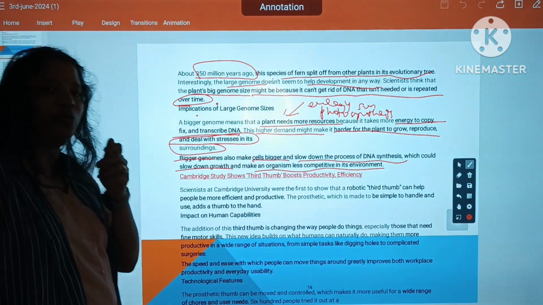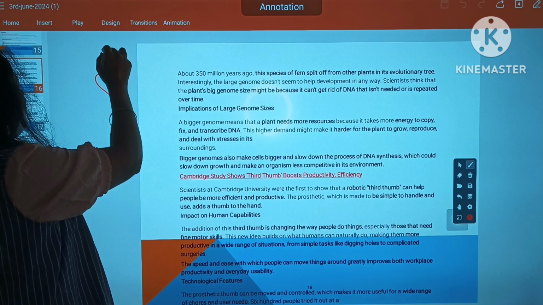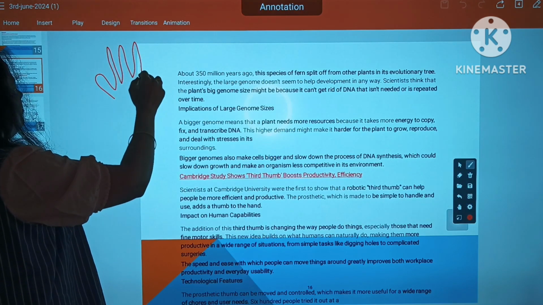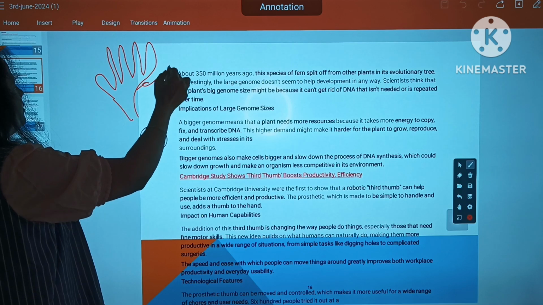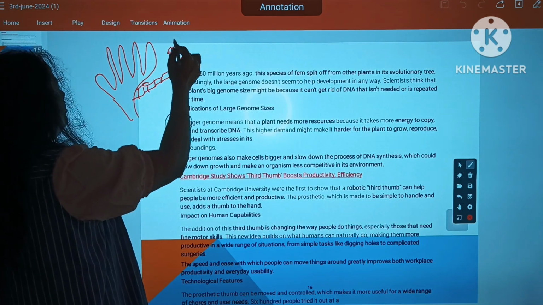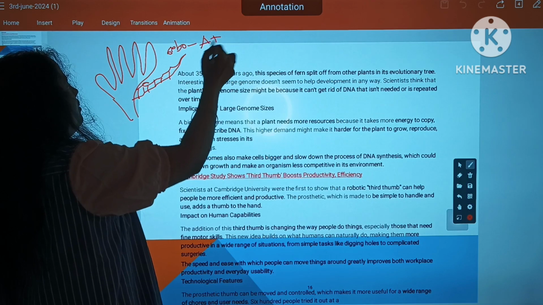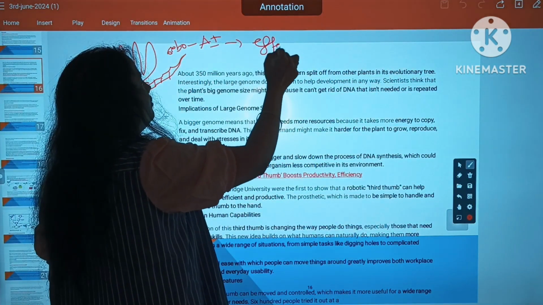and to reproduce. Third thumb means, suppose this is a hand. The third thumb comes here. It is a robotic AI hand. Robo AI hand. This helps people improve their efficiency in working.